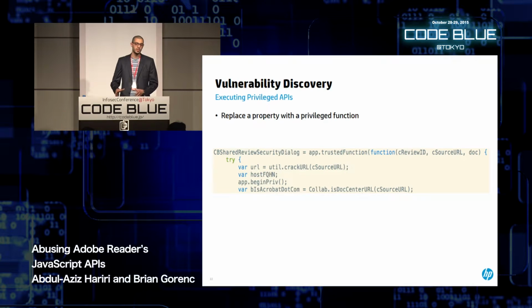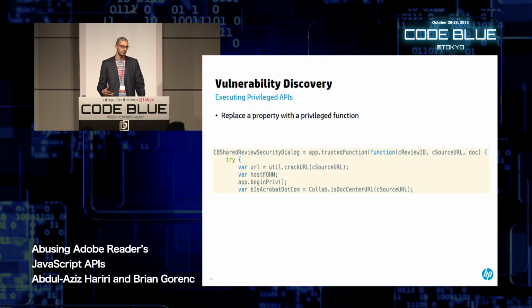And finally, if we were able to do that, we will have to find a trusted function with a privilege block with something inside it that we can hijack. This is one of the functions inside the decompiled JavaScript code. Basically, it's a trusted function with a privilege block.